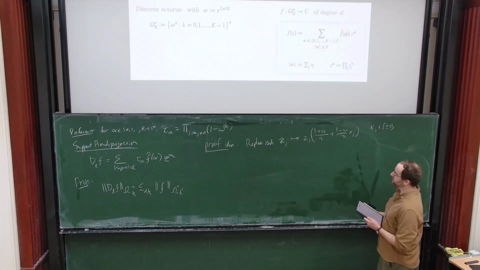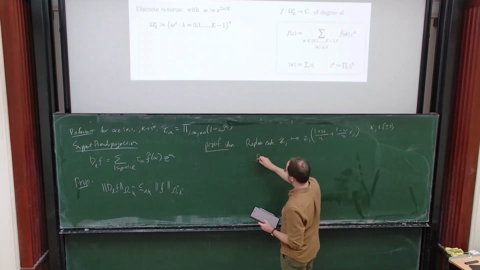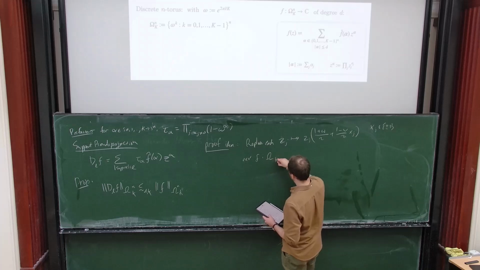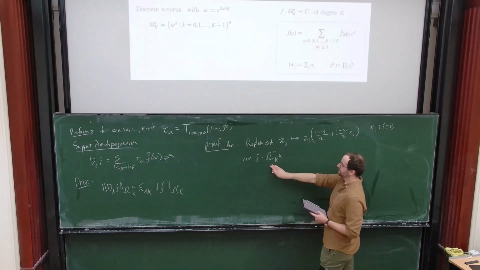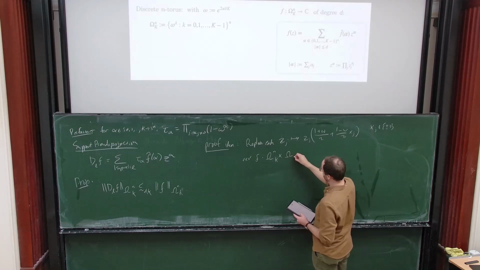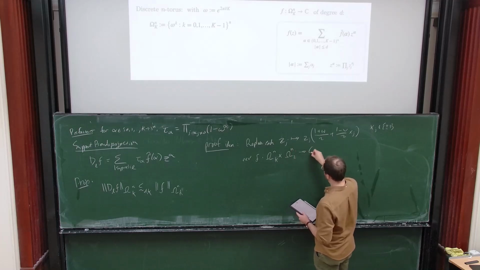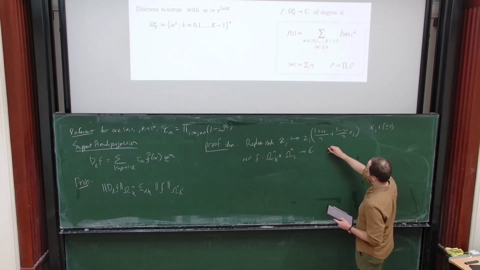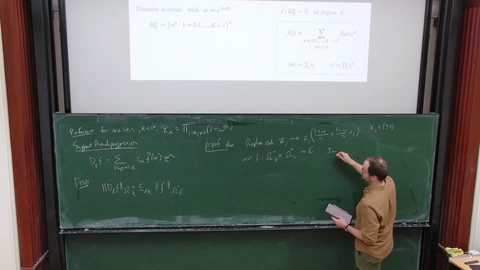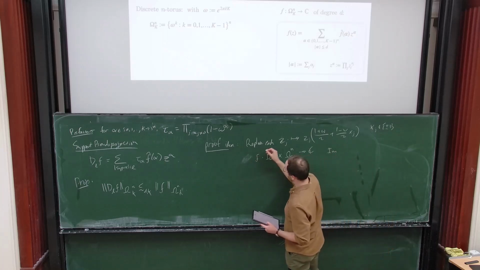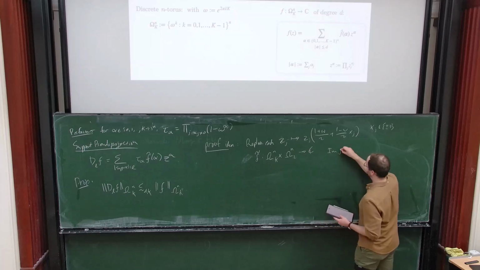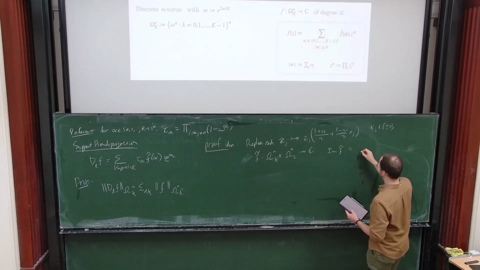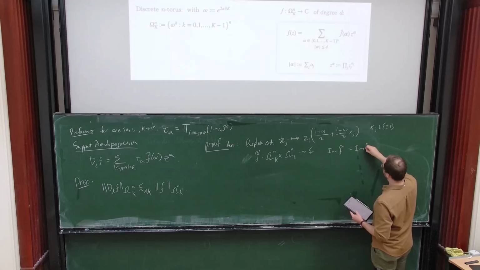So with this replacement, we now get a new f, and it's from the discrete torus times the hypercube. And the important thing to note is that, let me call this f twiddle, the image of f twiddle equals the image of f.